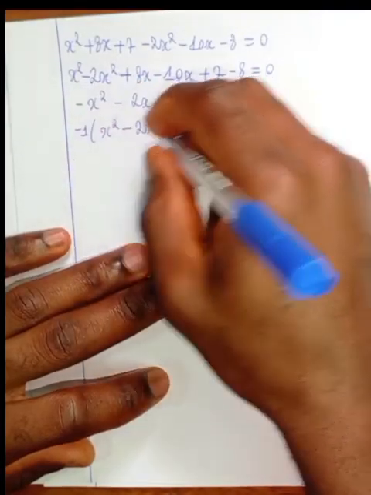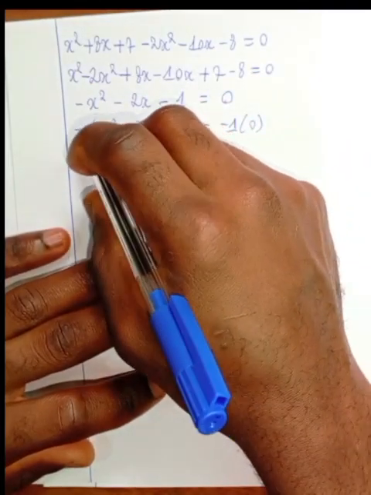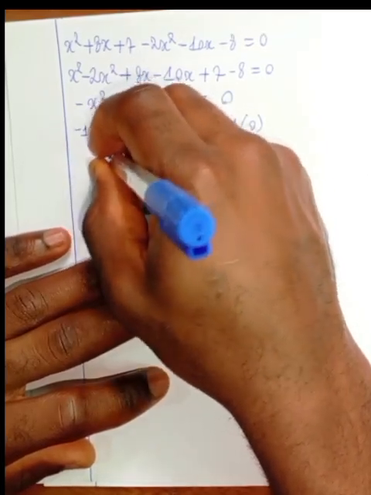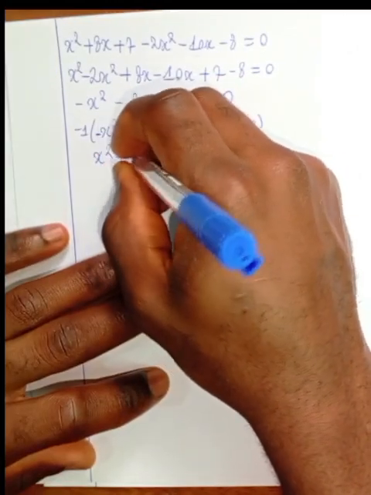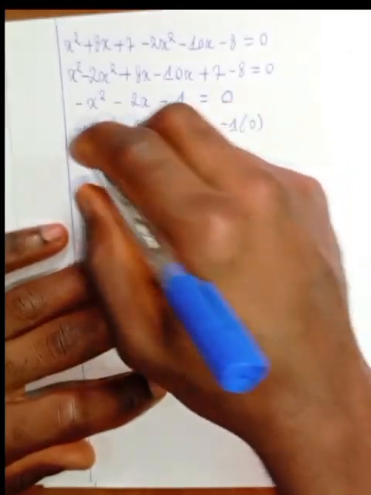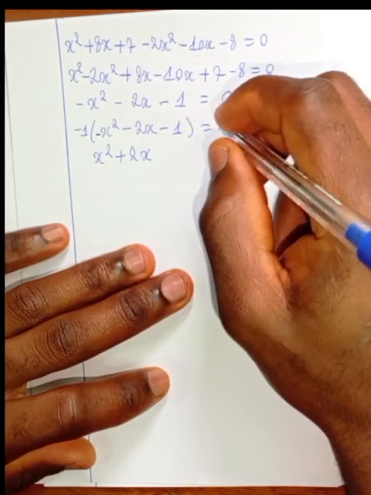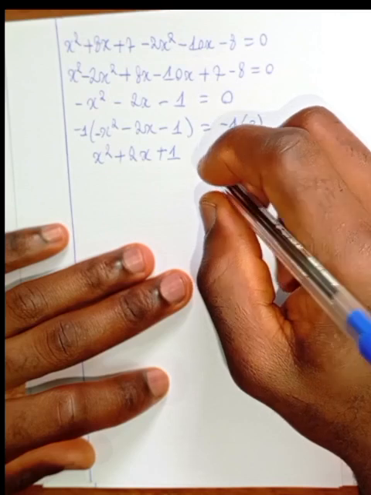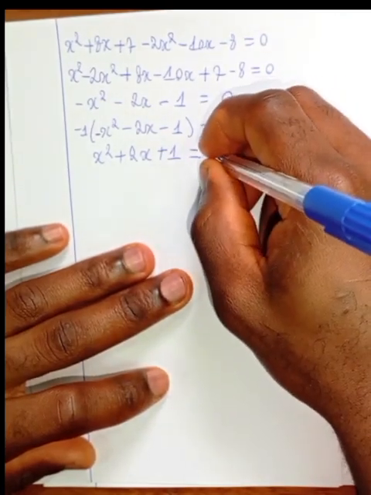Negative 1 times negative x squared gives us x squared. Negative 1 times negative 2x gives us positive 2x. Negative 1 times negative 1 gives us positive 1. And this will be equal to negative 1 times 0 gives us 0.